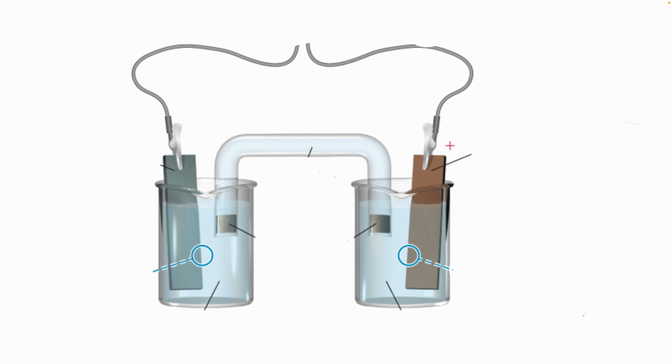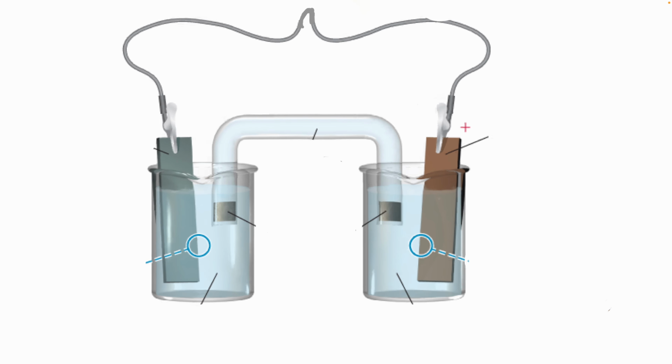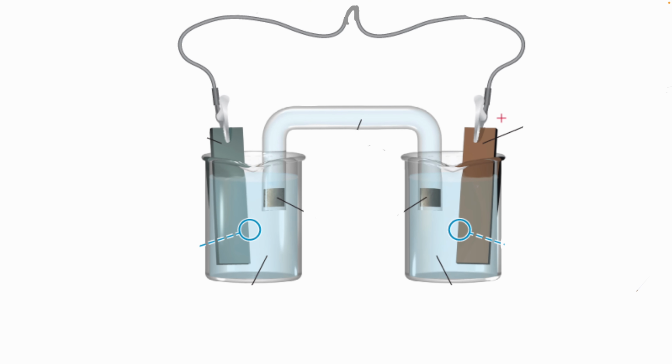So let's take a look at our battery here. We have these 2 beakers, and there's 2 hunks of metal sitting in each one of these beakers. And those hunks of metal are connected by this wire. Importantly, in one of these beakers is where we have our zinc ions.